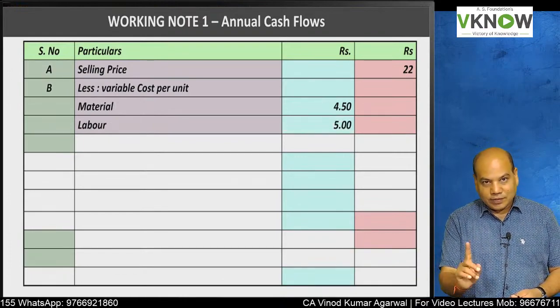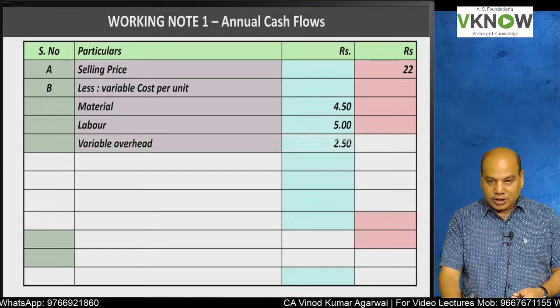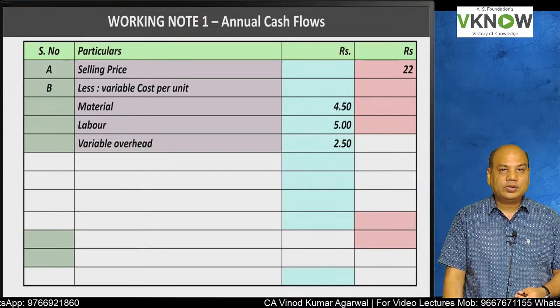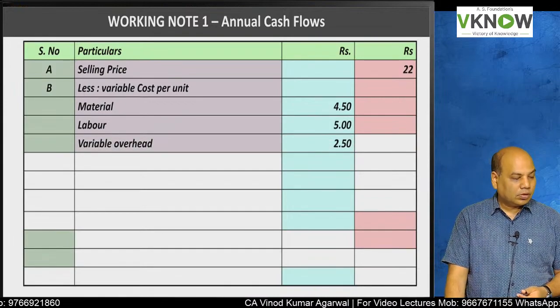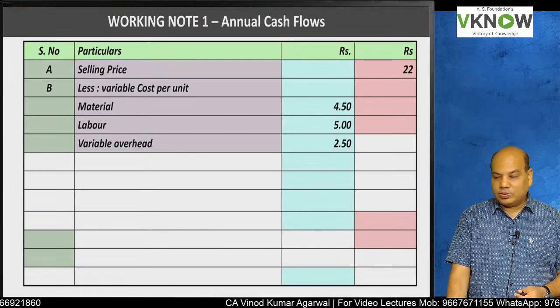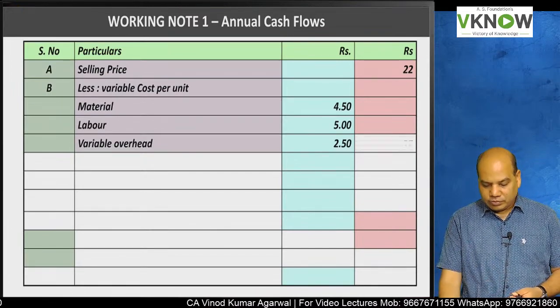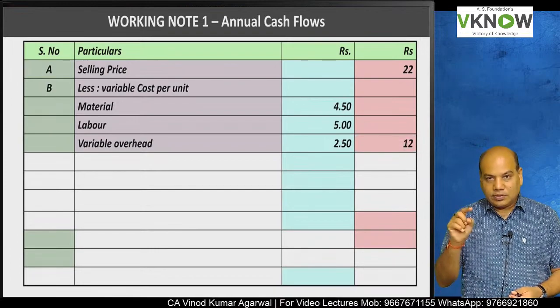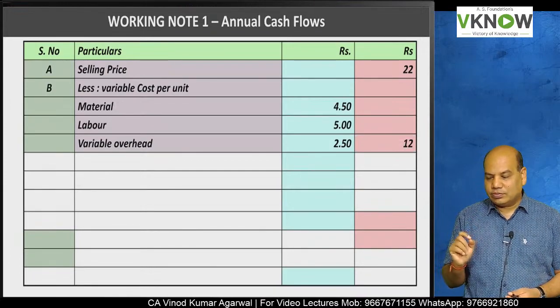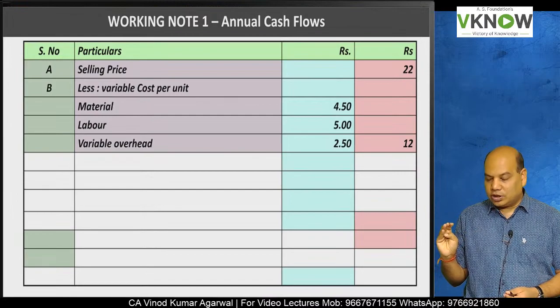Labor cost is 5, relevant. Variable overhead 2.50 is relevant because it will vary only when there is a production. So this is my 3 variable cost, material, labor and variable overhead.